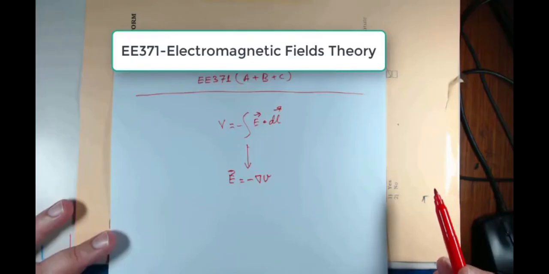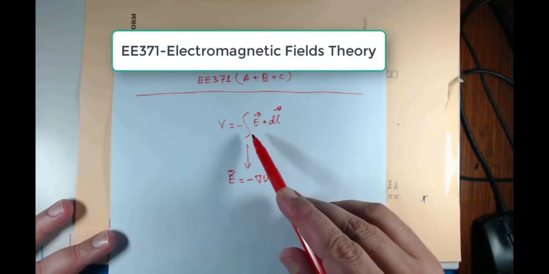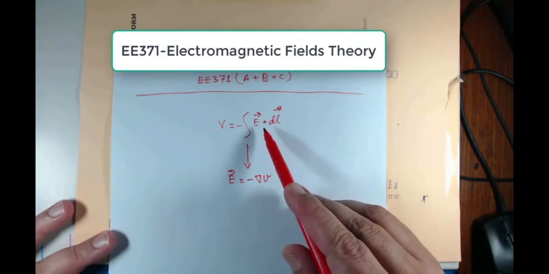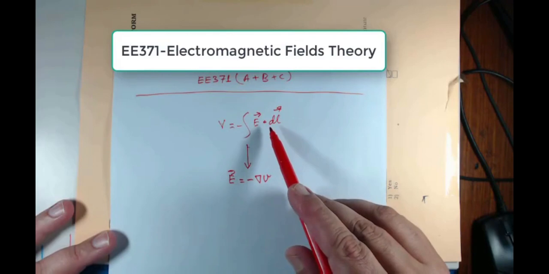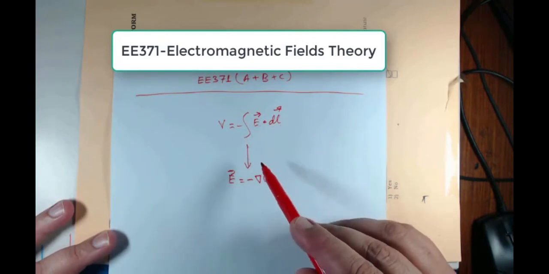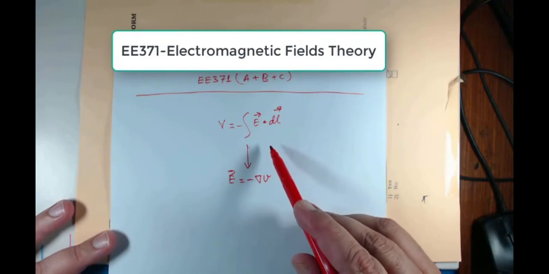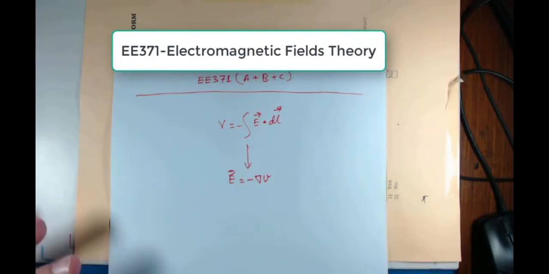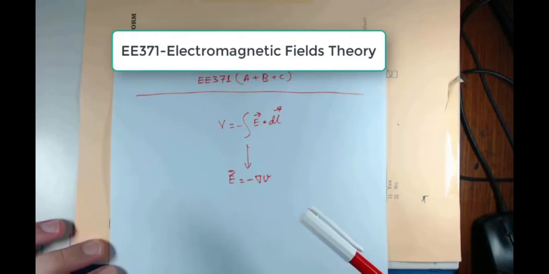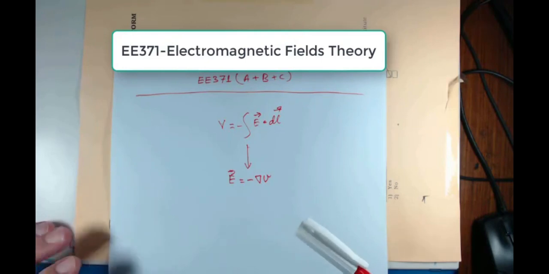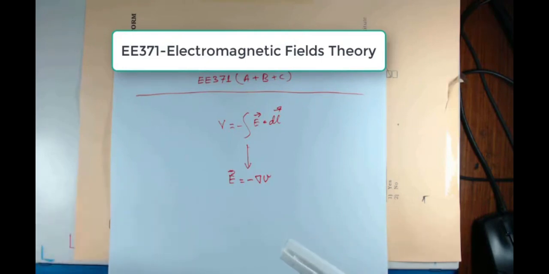In the last lecture we learned how to convert the line integration of electric field, that is the potential relation, into a differential form. For that purpose we use the concept of gradient of scalar potential. The gradient of scalar potential, or simply the gradient, gives us a vector quantity from a scalar quantity.